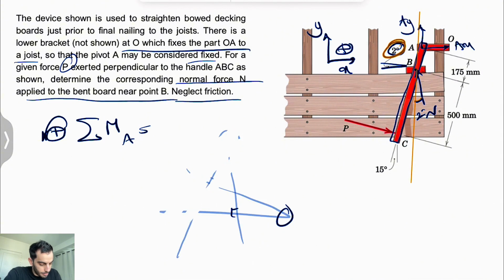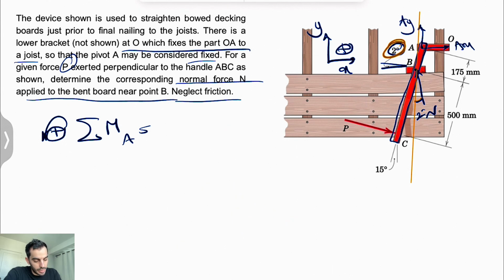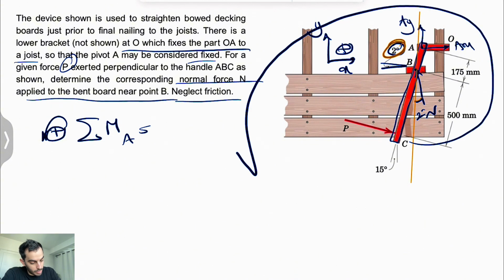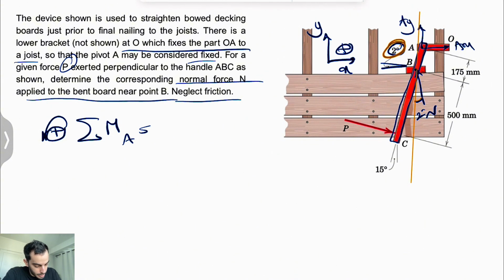Now that we figured that angle, the rest is not very complicated. We have the moment of the force P about point A, which is a counterclockwise moment, so positive P times the distance from A to the line of action of the force P, which is basically the length of the member ABC, so 175 plus 500.